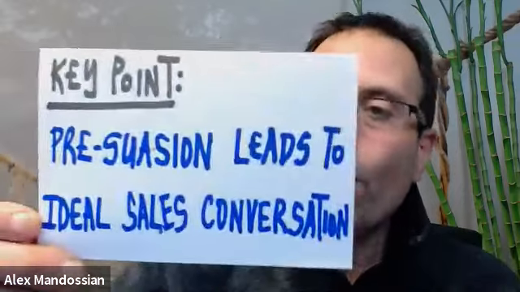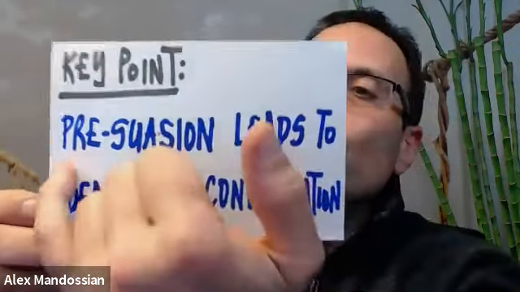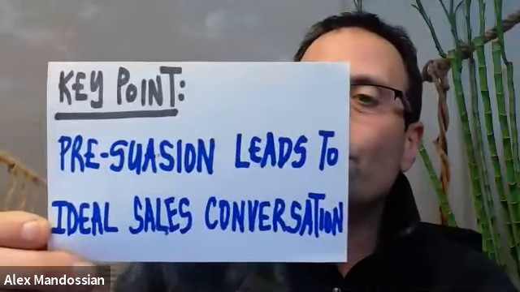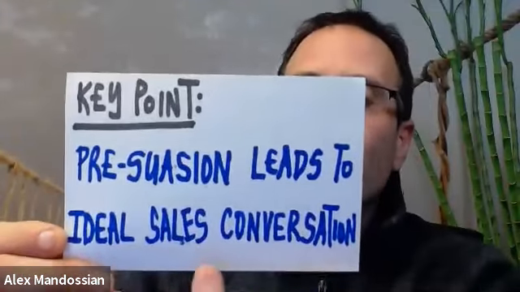Now, the key point here is that persuasion, which is what that is, leads to ideal sales conversations. So by persuading clients, customers, patients, members, it's a lot easier to enroll someone without rejection.